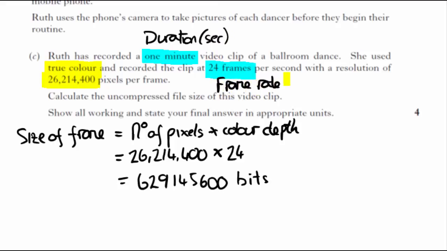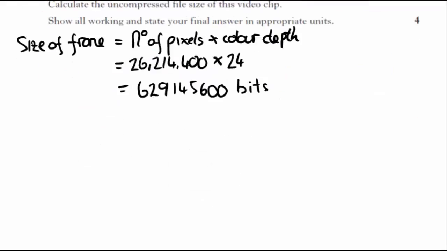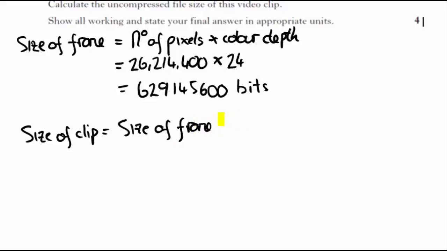So what we then do is we say size of clip equals size of frame, and then we times that by frame rate and then times that by duration.